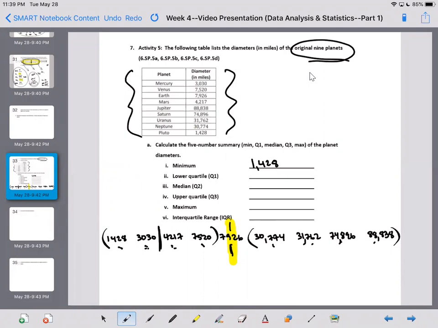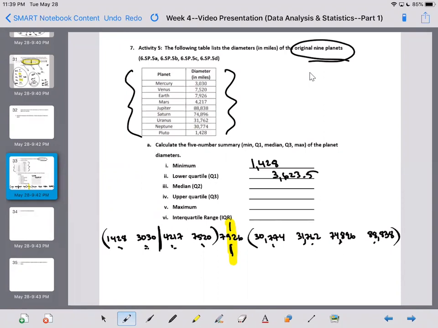You're finding the midpoint, so take a sum and divide it by 2. So 3,030 plus 4,217, you're going to get 7,247. When you divide that by 2, you're going to get the lower quartile, which would be 3,623 and a half.